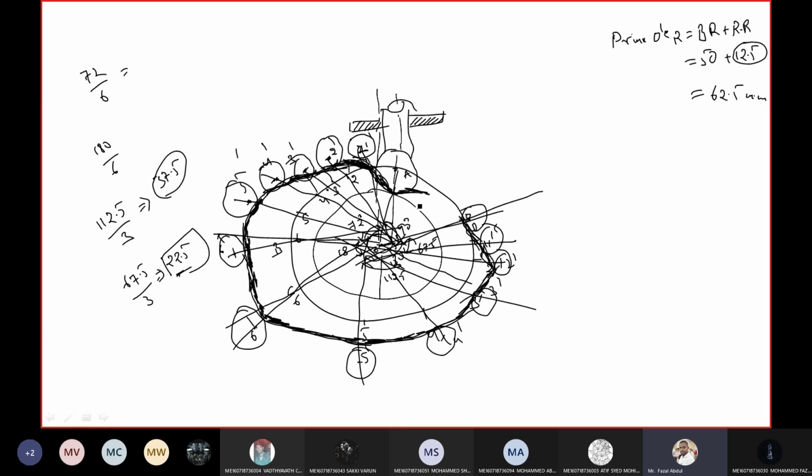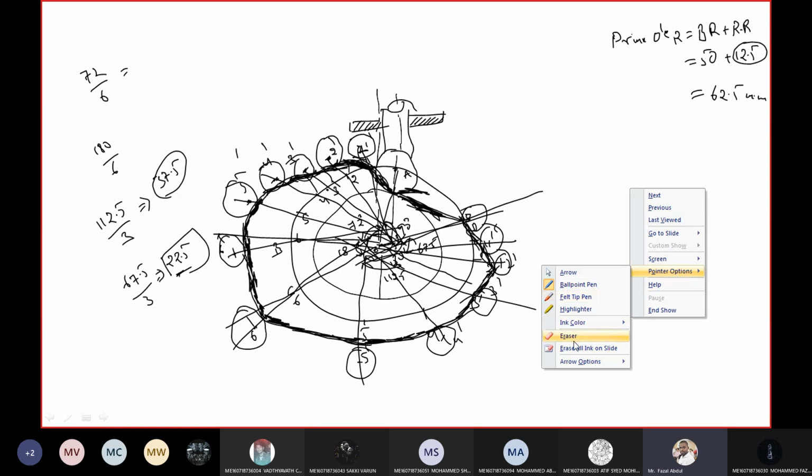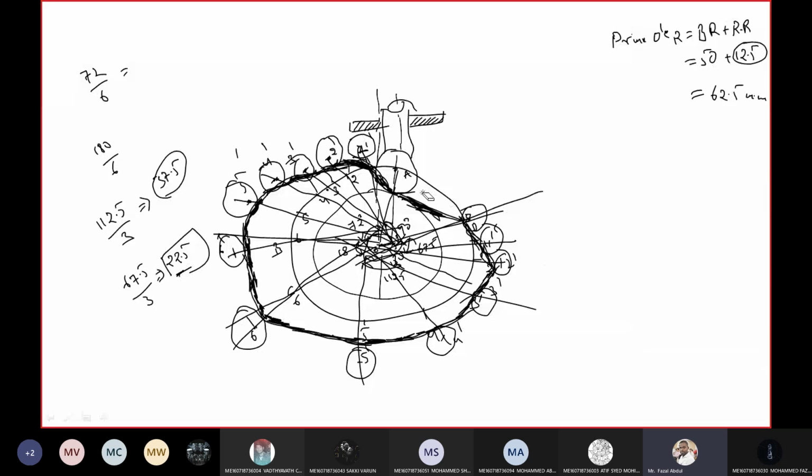Base circle. Okay. If you draw with the help of stationery, you will clearly get the answer.